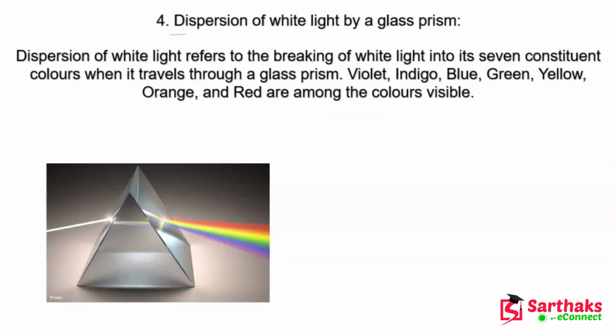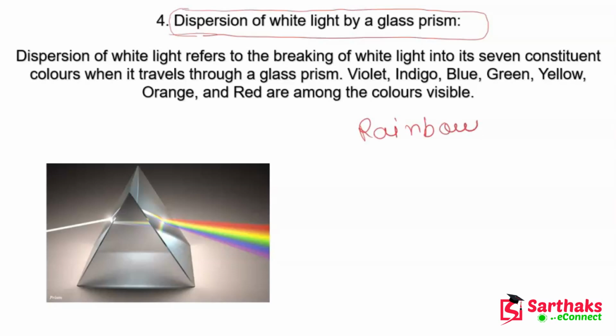Okay guys, so here we will see the dispersion of light by a glass prism. Basically, you might have seen rainbows of 7 colors, and it is a very amazing combination.